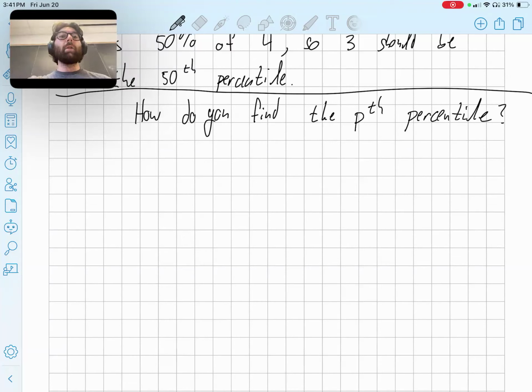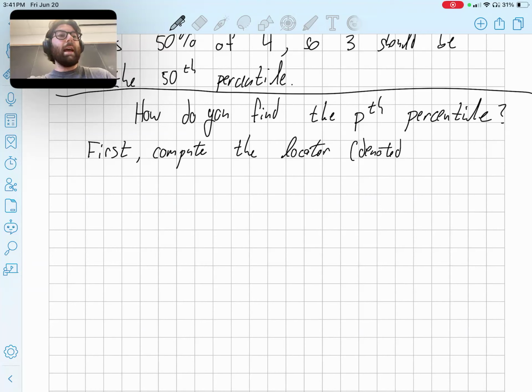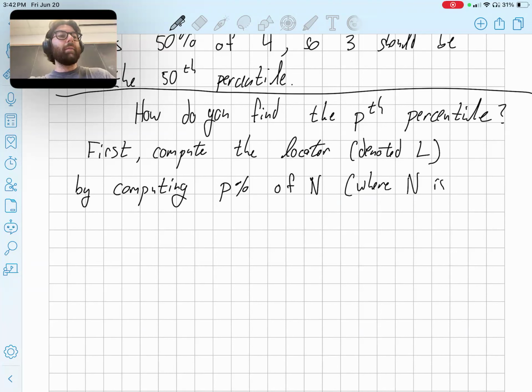First, you're going to want to find what's called the locator. Compute the locator, denoted L, by computing p% of N, where this capital N is the total number of data points.